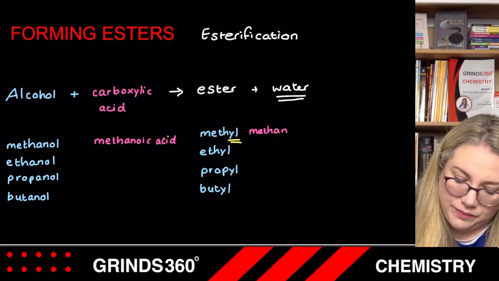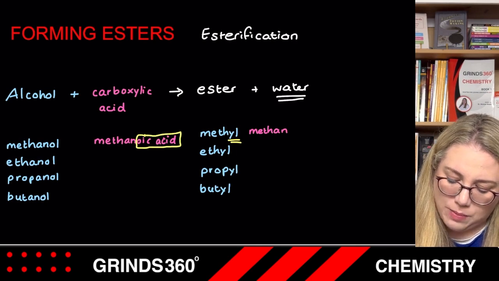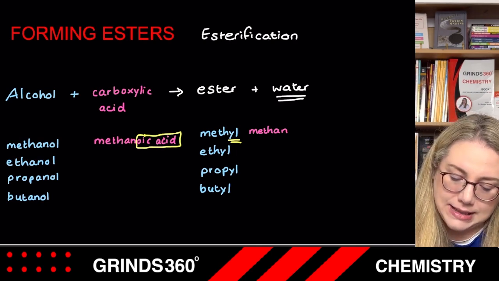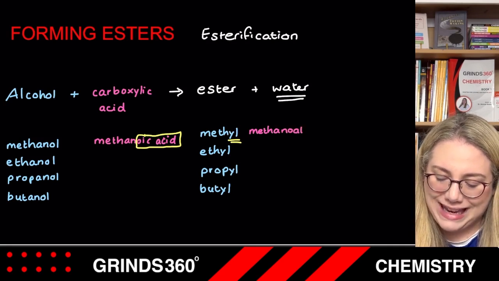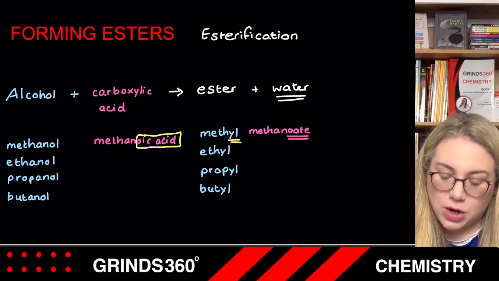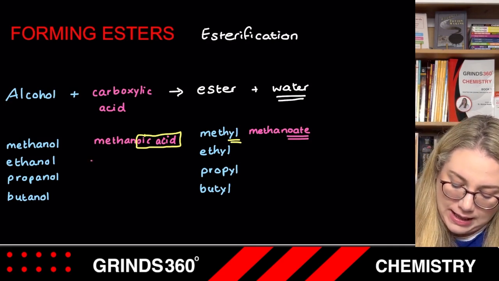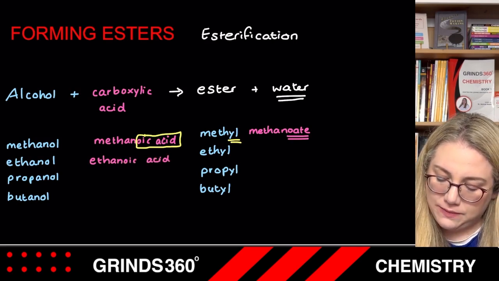Now here, watch what I'm doing. I'm taking the oic acid off, the part of it that tells me it's a carboxylic acid. And now the end of the name will be methanoate. So you replace it with the oate part of the name of the ester.